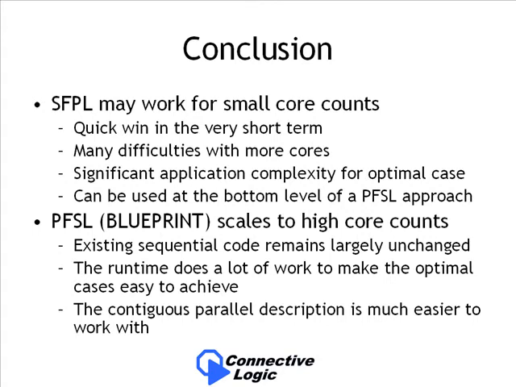Blueprint's top-down approach takes the strain off the programmer by retaining much of the application's existing serial code unchanged in any language, providing runtime facilities to overlap and prioritize jobs, thereby making best use of available CPUs, and providing a contiguous parallel description that is much easier to work with than dispersed parallel constructs used by bottom-up approaches.